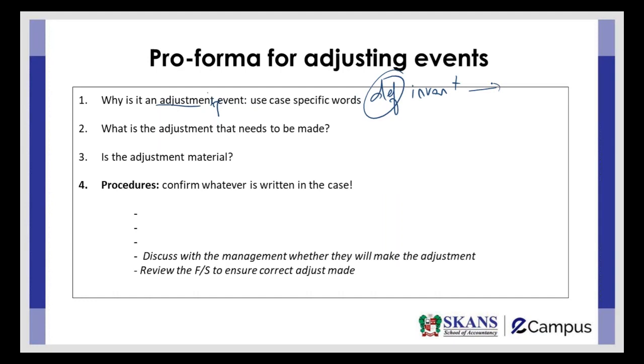Next question. Guys, what is the adjustment that needs to be made? Tell me the adjustment like an accountant. Inventory, receivable, payable, purchase, sales, what needs to be adjusted? And by how much?